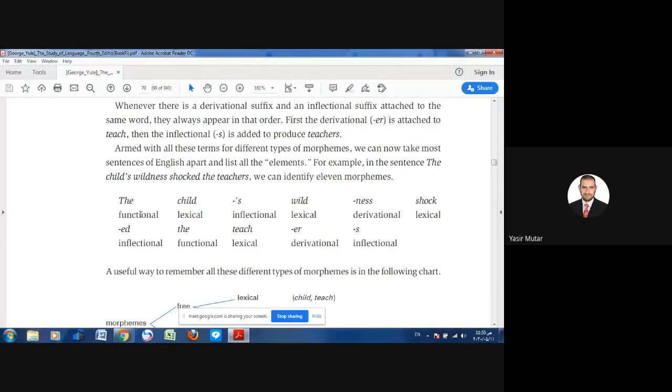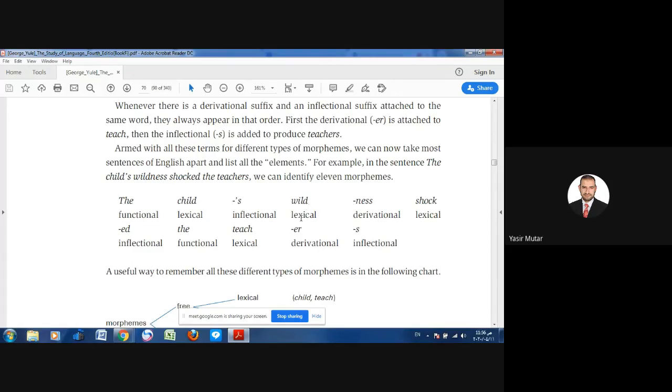For example, here the is a functional free morpheme, an article. Child is a lexical free morpheme. The 's here is for possession. It is an inflectional bound morpheme.